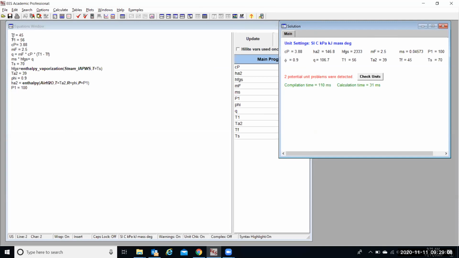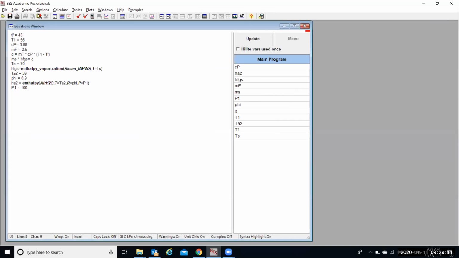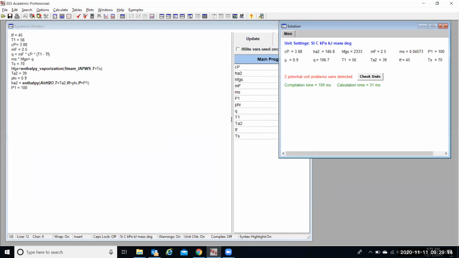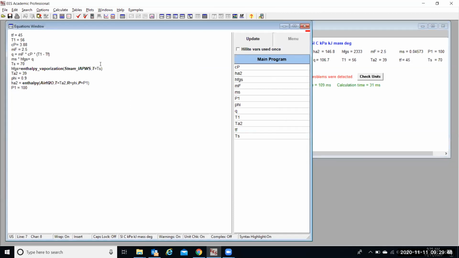You write in any order, and whether it is capital case or small case does not make a difference to the program. That's another good thing that we have here. And one more important issue is related, for example, to parametric analysis. I may give you a problem and ask, for example, how much will be the effect of changing the value of T_F, the feed temperature? Let's talk about a case that we have been considering a while ago.